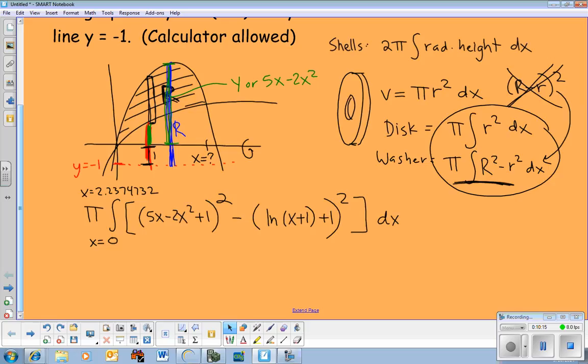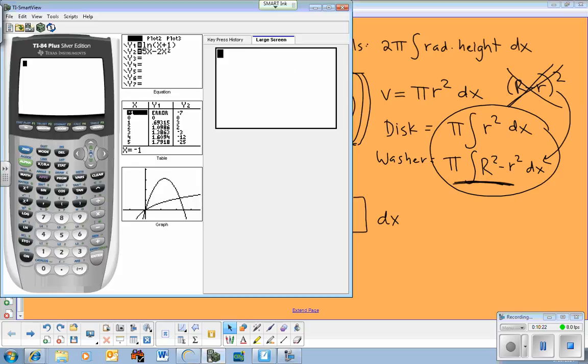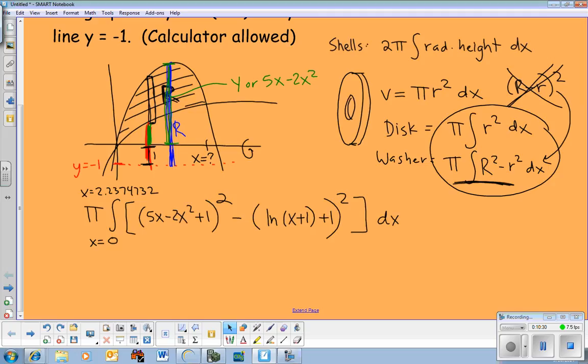In our calculator, we need to figure out that integral. So Math 9 is where we integrate things. I need to integrate that function that is two different parts both being squared.